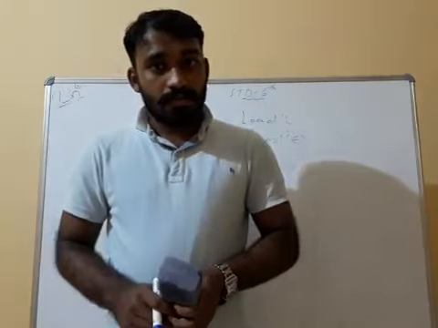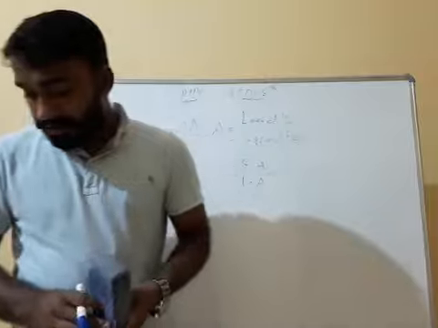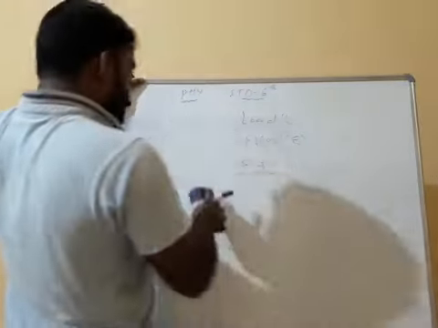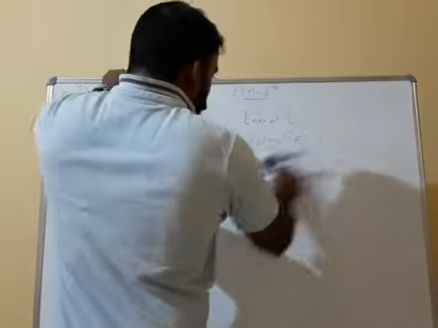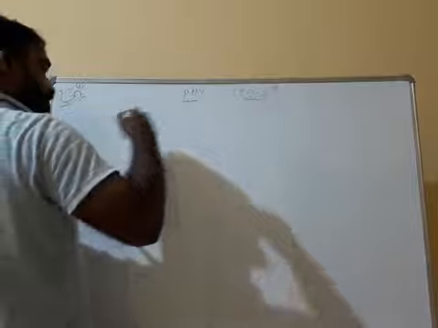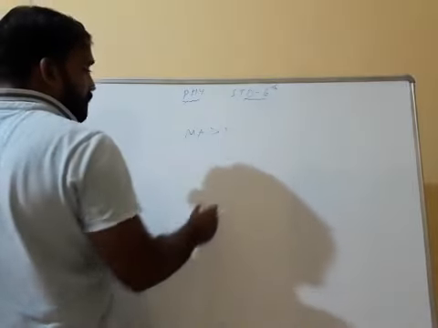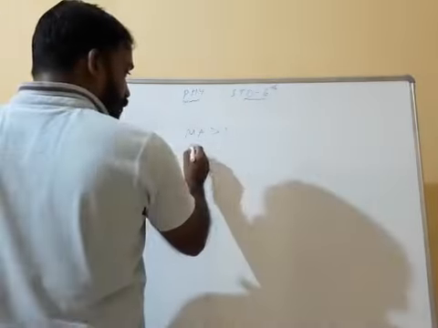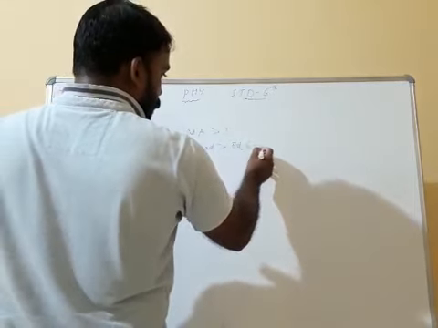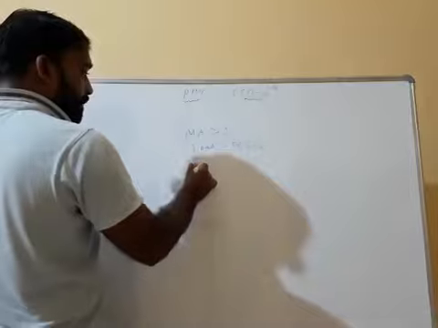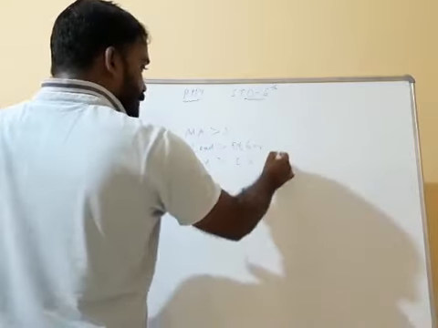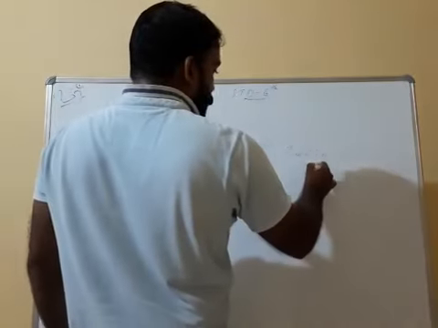Understood? According to this, if mechanical advantage is greater than 1, it means load will be greater than effort, or effort arm will be greater than load arm. In this case, it acts as a force multiplier.